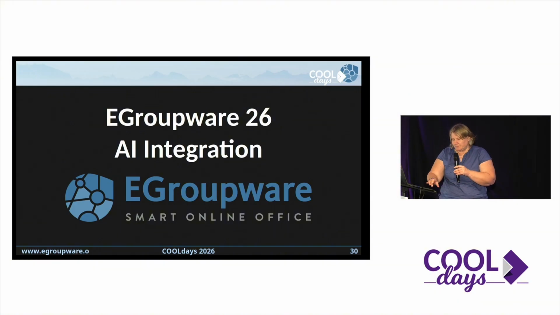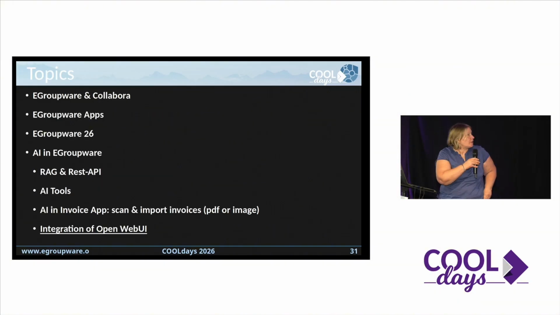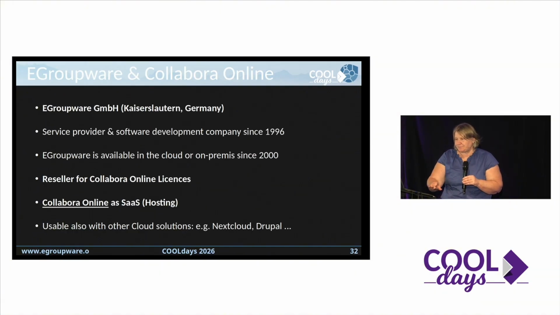In general, the first few topics: EGroupware and Collabora, what we are doing, the apps we have in EGroupware, the new version 26, and what we did for AI, especially some AI tools, RAG, REST API, some things we did for the invoice app to scan an image or a PDF and get it into the invoice app. And we integrated Open Web UI for an AI assistant.